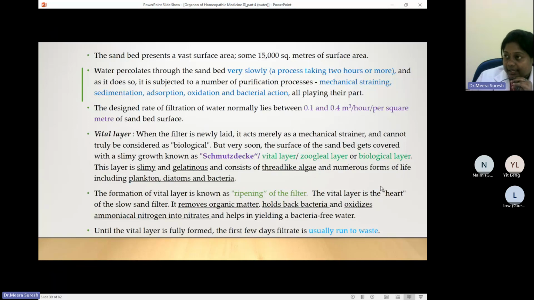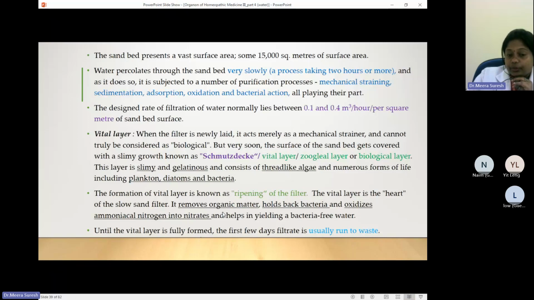Until that layer is formed, the water draining out is not used. The first few days' filtrate is usually run to waste. Only once they make sure that the zoogleal layer is formed does the filter count as ripened, and then they use that water for drinking or whatever the purpose.